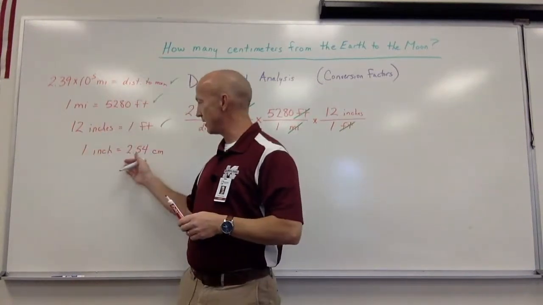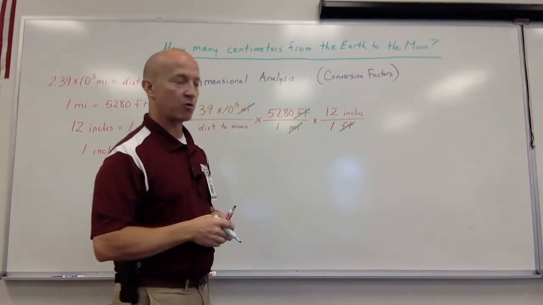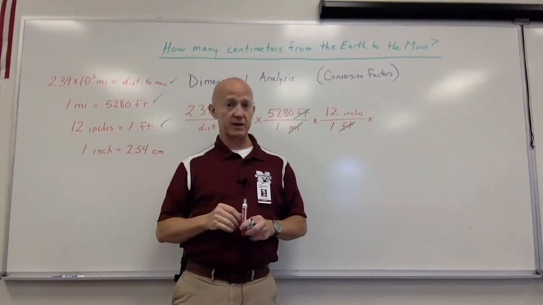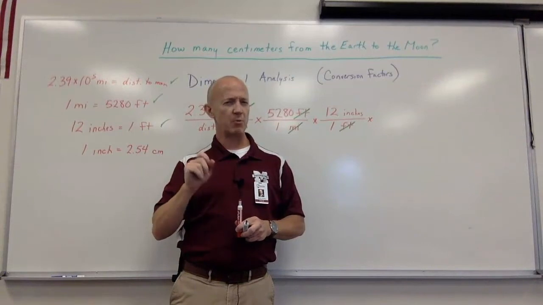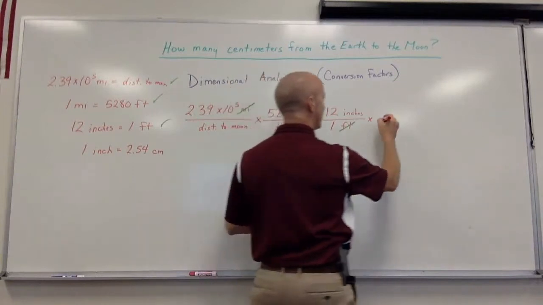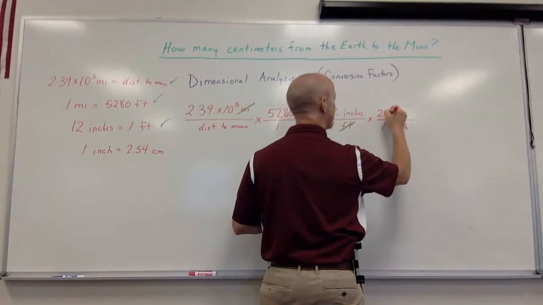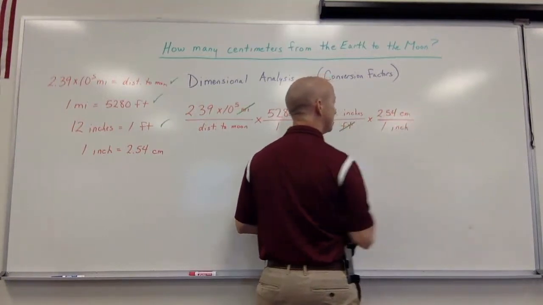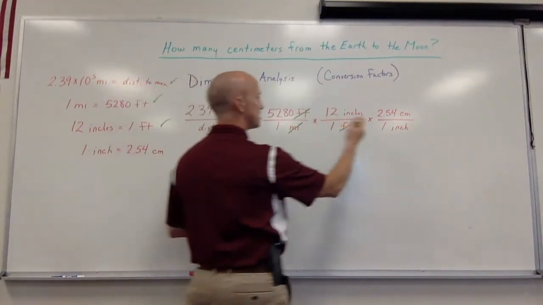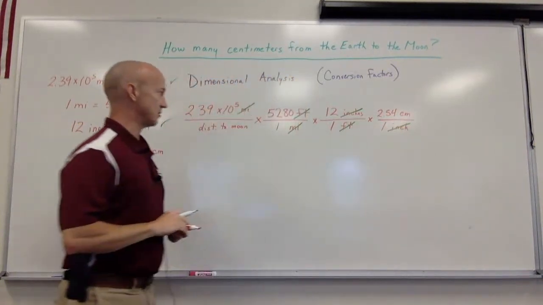We have one remaining conversion factor, don't we, to make? 1 inch and 2.54 centimeters. So how are we going to arrange this final equivalent statement to give us the conversion factor we need? What goes on top and what goes on bottom? Right. 1 inch goes on bottom. 2.54 centimeters goes on top. And now look, when we arrange it in this fashion, inches cancel.